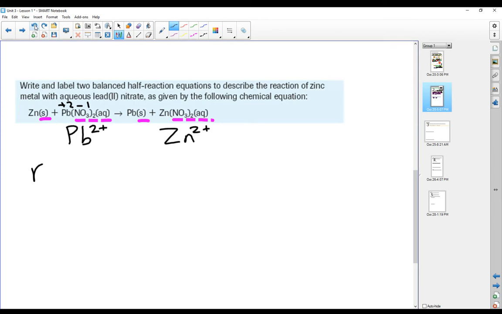I'm going to set this up again as the last one. Reduction, oxidation. And I want you to take a moment to think about which is going to undergo reduction and which is going to undergo oxidation.